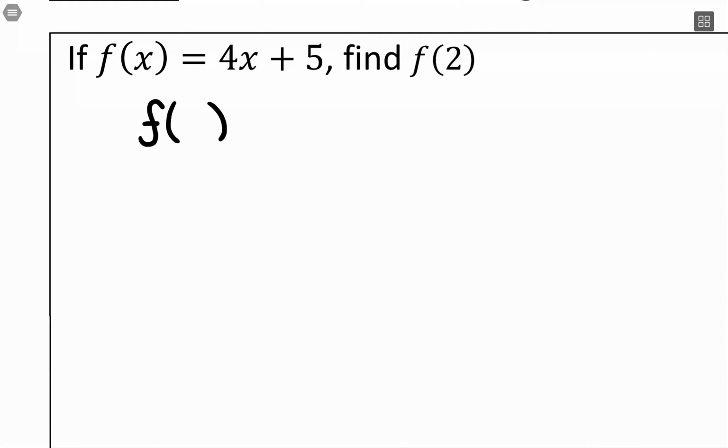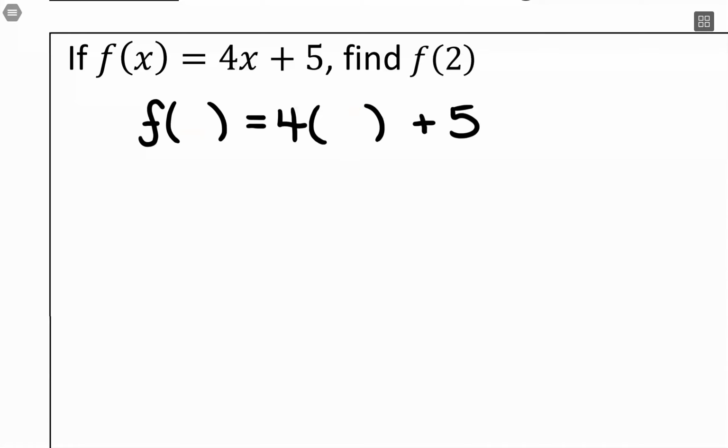If I had f of nothing, I would take 4 times whatever was in there plus 5. And whatever I plug in to that function notation, f of whatever, I plug that same exact thing into the parentheses there.